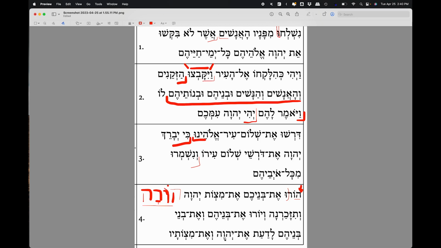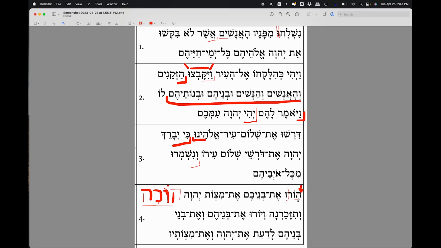To know the Lord and his mitzvot, his commandments. So this all seems to be future, especially here, they will remember.